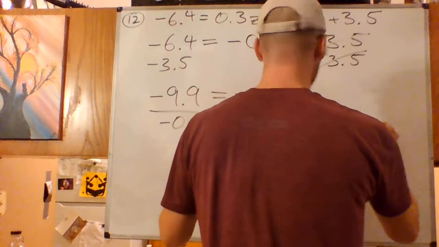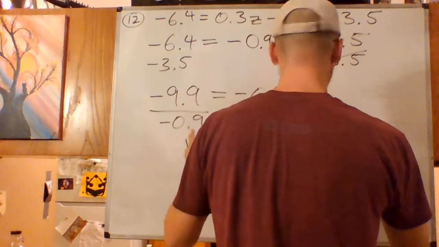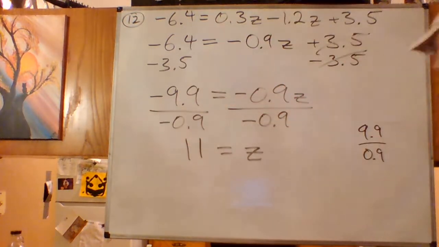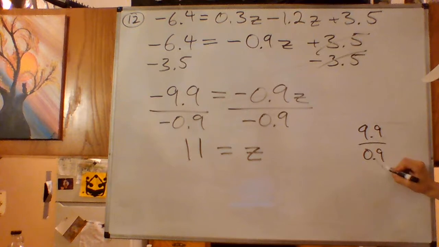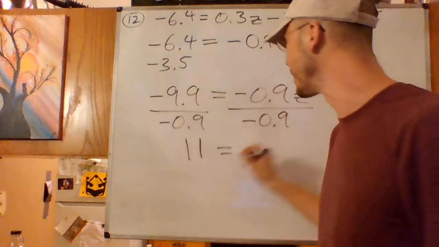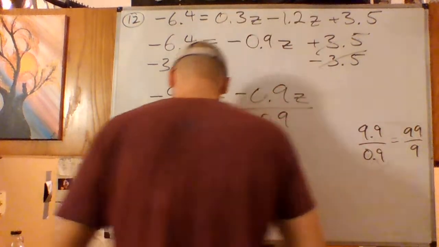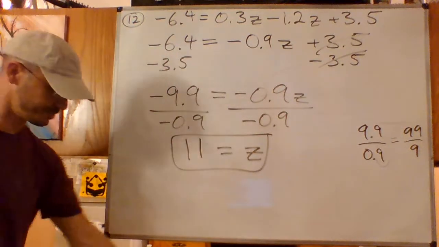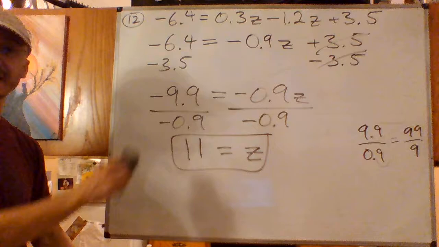If you think about 9.9 over 0.9 as moving the decimal place to the right on both of them, that's multiplying by 10 up here and 10 down here. It's 99 over 9. 99 is 9 times 11. So if I cancel the 9, it leaves the 11. And that is arithmetic.